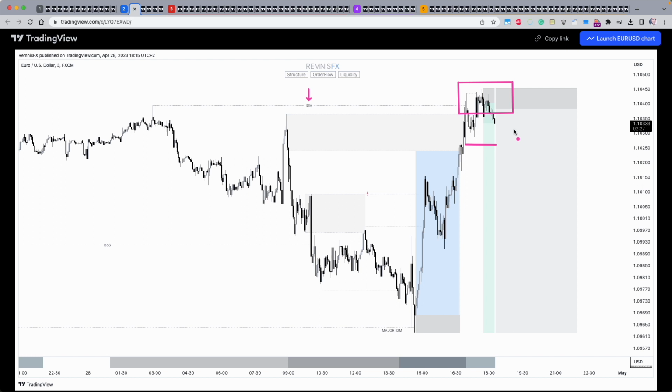Candle-wise entries, etc. So I feel more comfortable scaling in at these areas here instead of in the middle of a movement like this here, right?